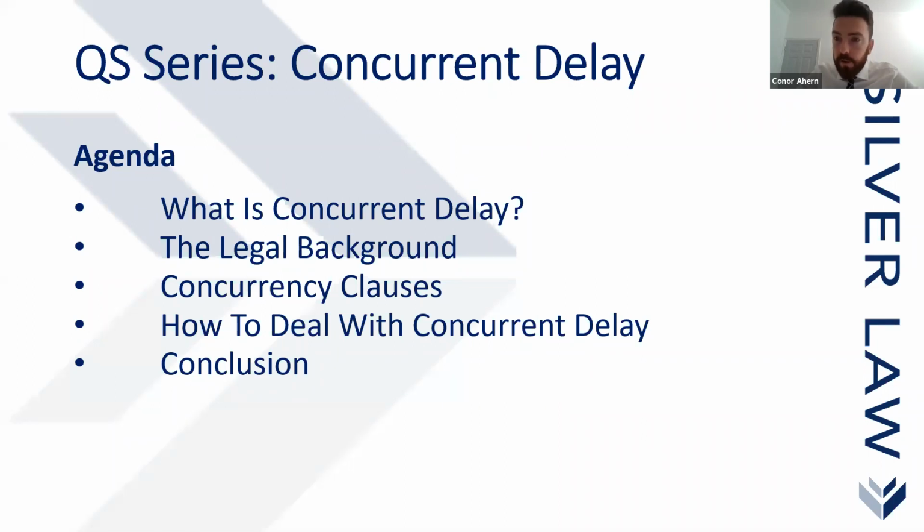Often the schedule of amendments can be even longer than the standard forms, but take from that what you will. Then we're going to quickly touch on how to deal with concurrent delay should you come across it, before finally concluding the seminar. We hope to do that around 8:45, and we'll have some time for Q&A at the end.